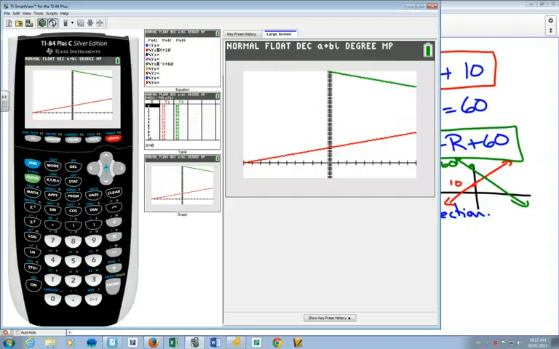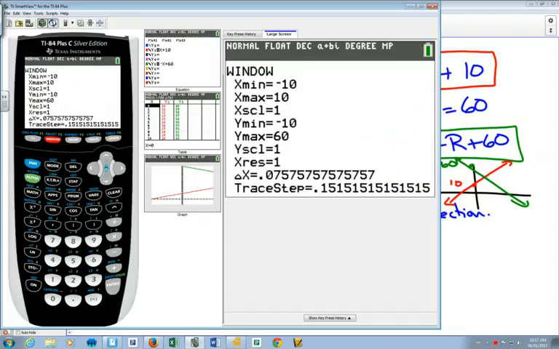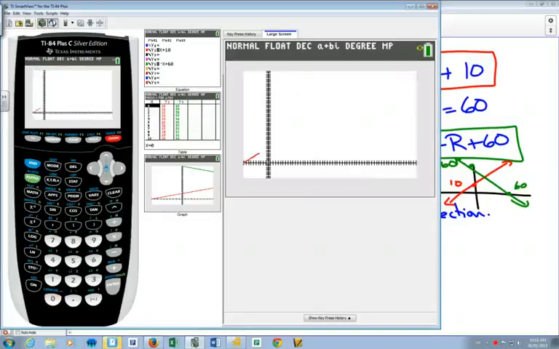We can see that they're going to cross over to the right. So now I can go back to my window and say, I need to see more to my right so I can change my x max. Sometimes this is a little bit of guessing and checking. Sometimes if you know a little bit about these graphs, for example, I know that this graph is going to hit back there at 60 again. So if I want to see that other intercept, I can hit 60 and then I'll see them both.